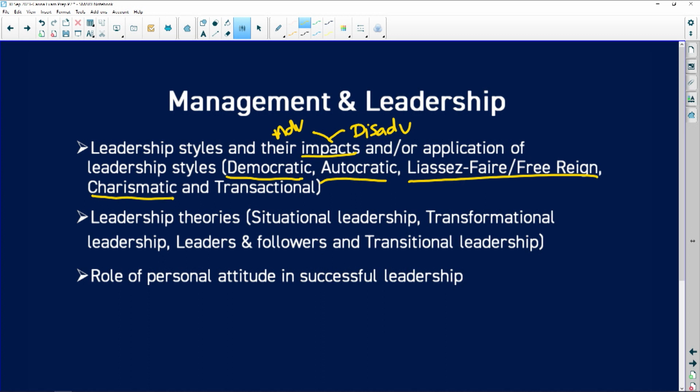It's all about personality. Whereas your transactional one, which is also referred to as your managerial leadership style, focuses on rewards and punishments. Reward being you get an incentive if you do this well. Reward can also be seen as a salary: I'm paying you, you better do this.